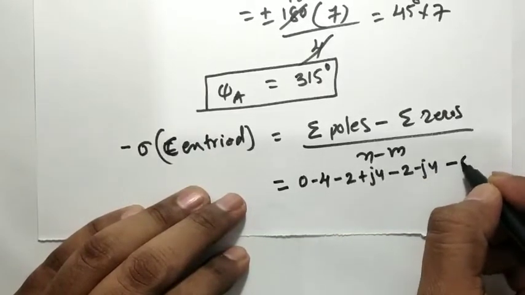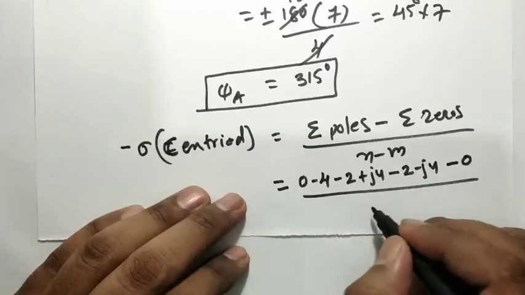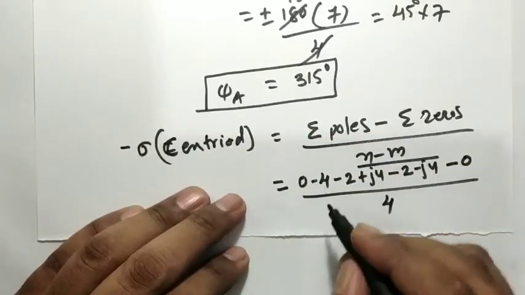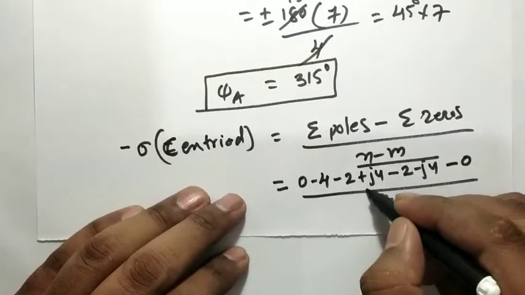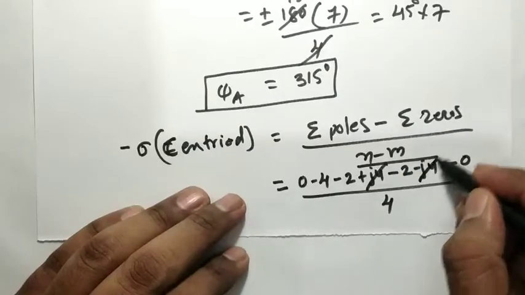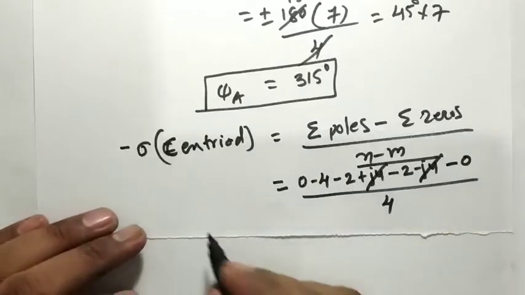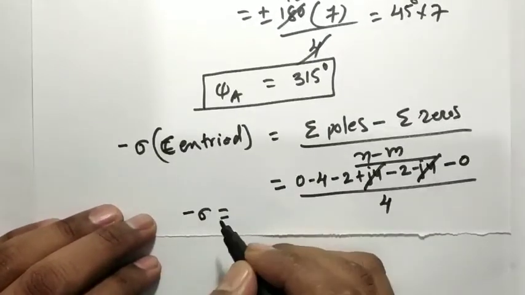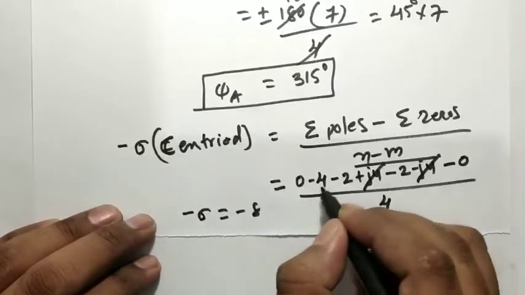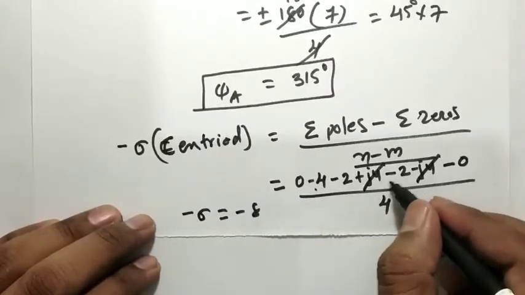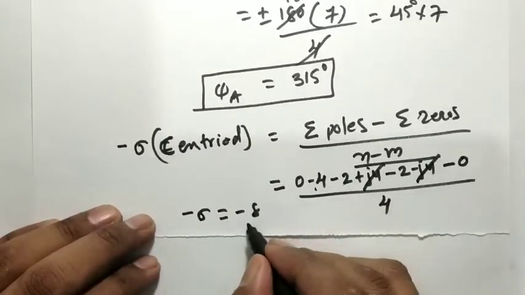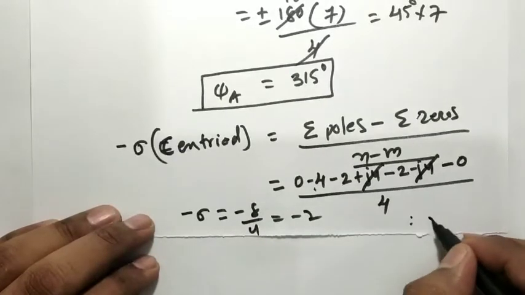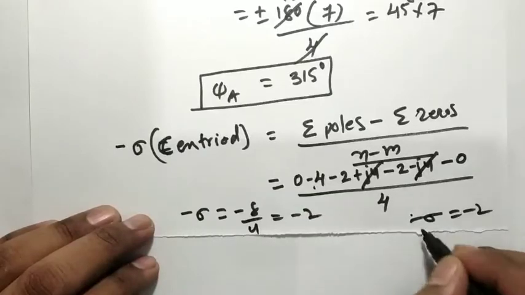The sum of zeros is 0, and n minus m here is 4. The plus j4 and minus j4 cancel, so the centroid is minus 8 by 4, which is minus 2.